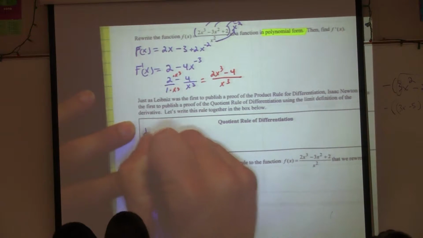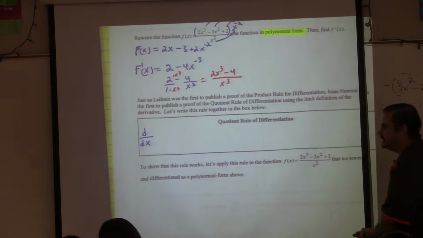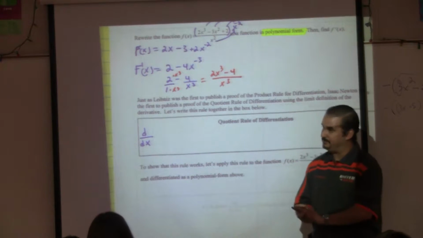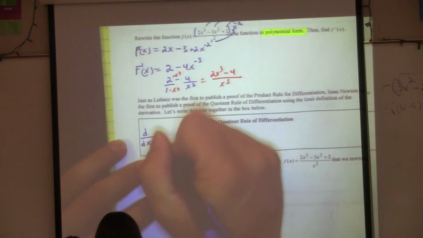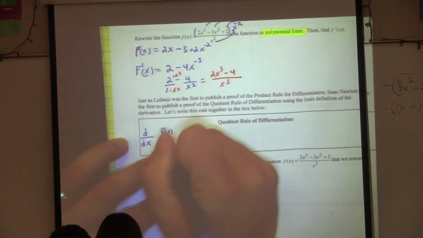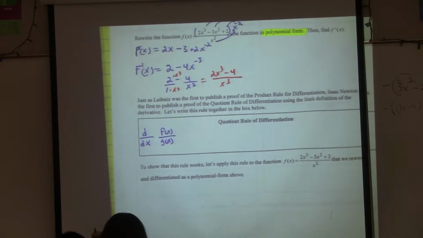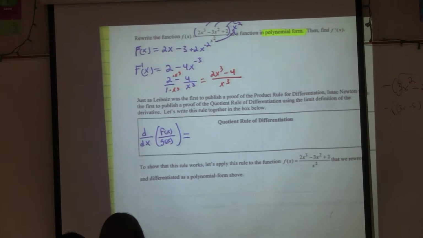The derivative, so start getting used to this notation, d dx. Okay, that means derivative. That's like f prime, that's like y prime. So that means find the derivative of some function f of x divided by some other function g of x. If I ask for the derivative of something like this, this is what the answer is going to be.